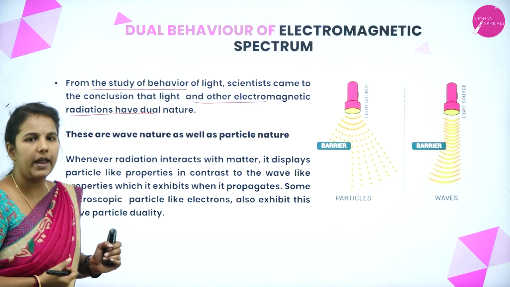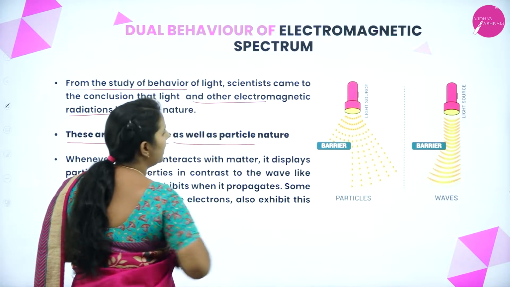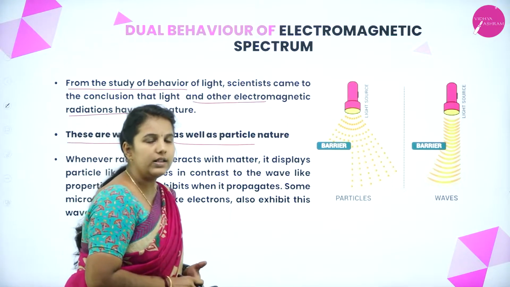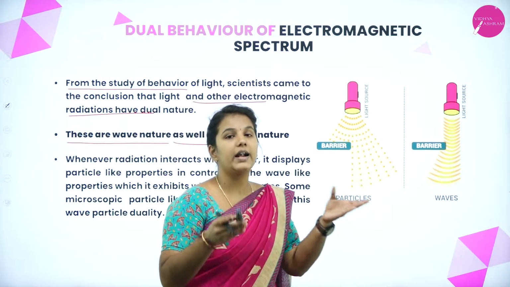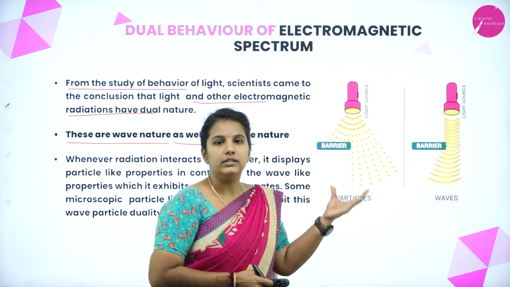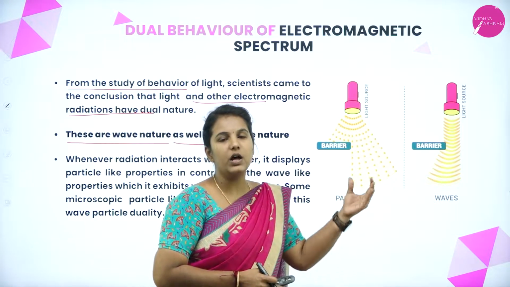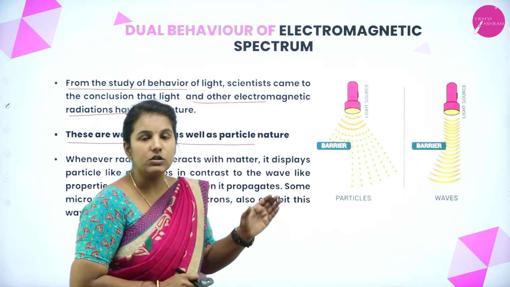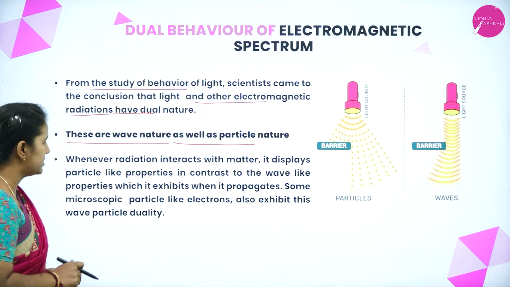What is the dual behavior? They behave like both a wave as well as a particle. So they came to the conclusion that light behaves like a particle as well as having a wave nature. This study was brought about by groups of scientists.